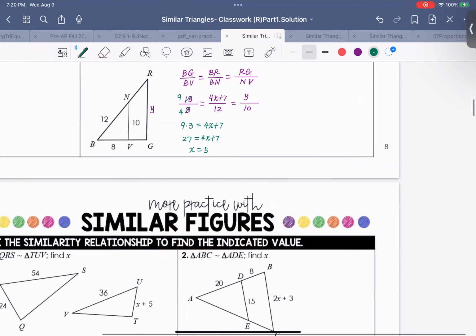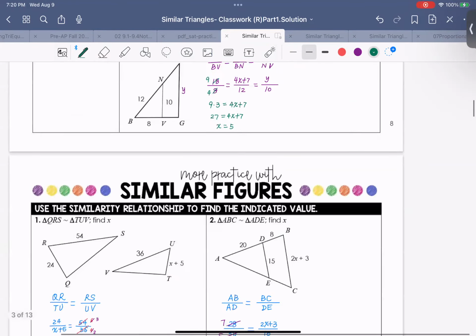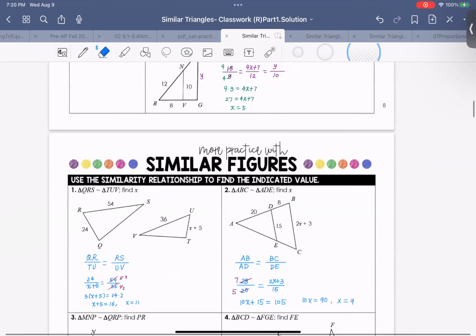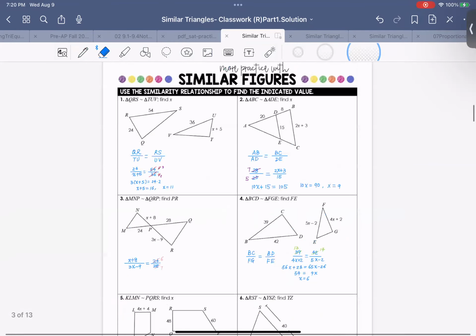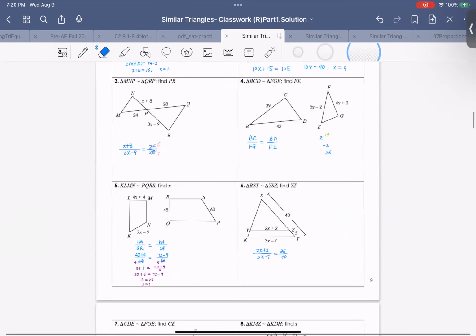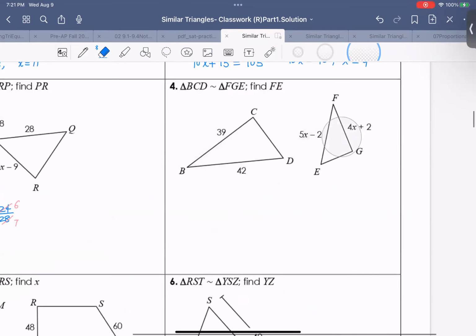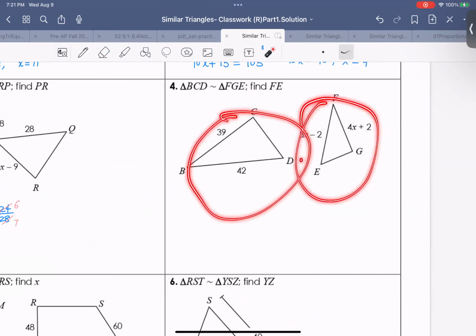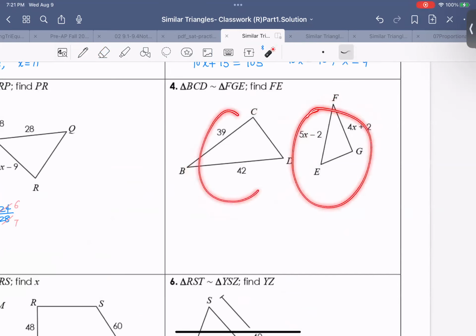And then based on this practice, I want you guys to try this one here. Number 4. Based on what we did just now, go ahead, try number 4. Solve for x. Go ahead, please.